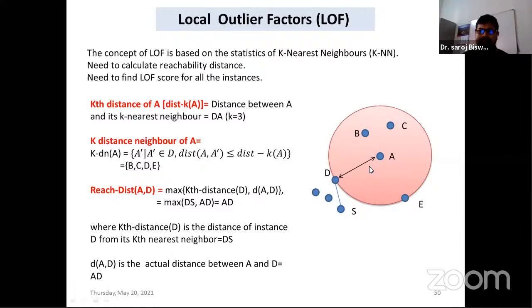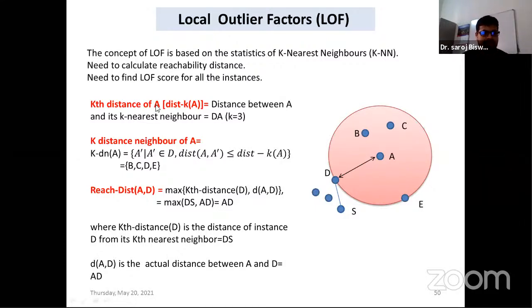So the distance between A and its third nearest neighbor is represented by DA. That's what we have written here. So the first term required for the LOF score is the kth distance of A, and we have understood it here. I think it is clear to everybody, but if you have any problem, I can repeat it. Try to understand: if you cannot understand this definition, it's not possible to understand the example.